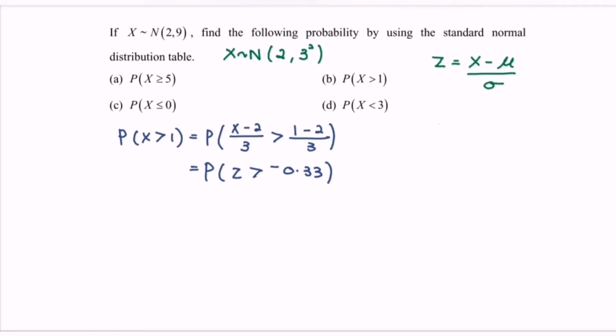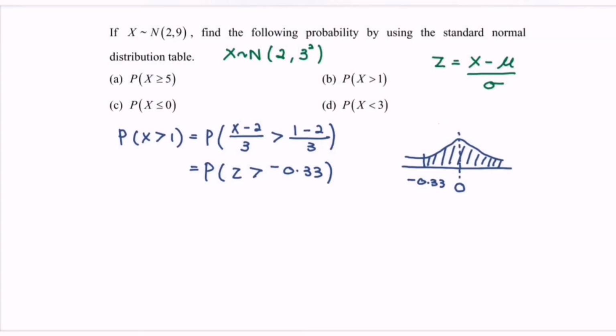Next, refer to the diagram. Here we have the diagram. Kindly plot the location where z equals negative 0.33. By referring to the situation, z is greater than negative 0.33, so here will be the situation.